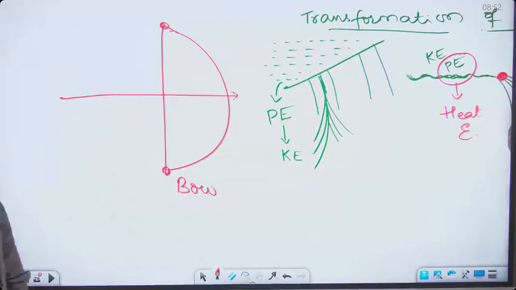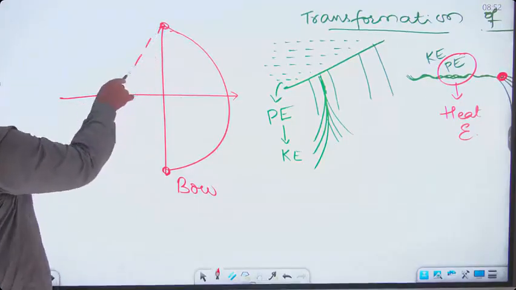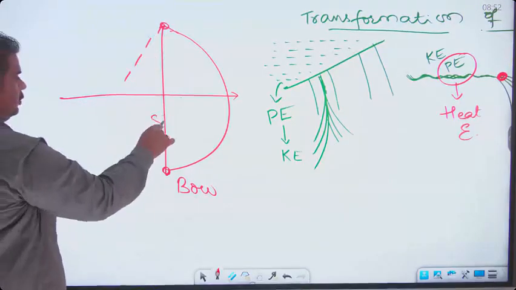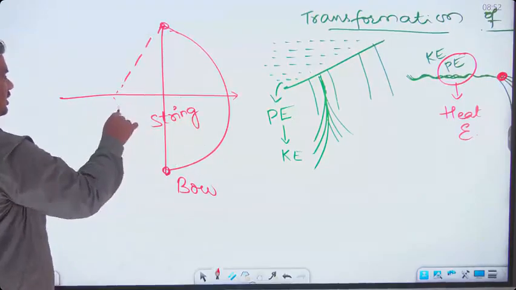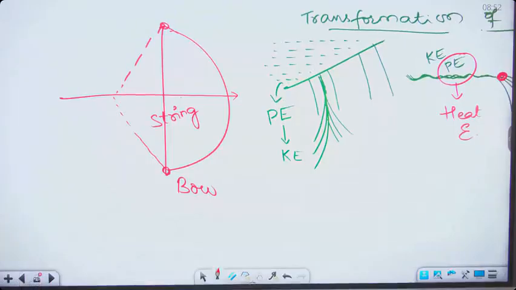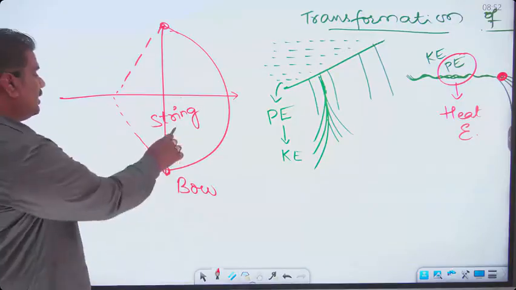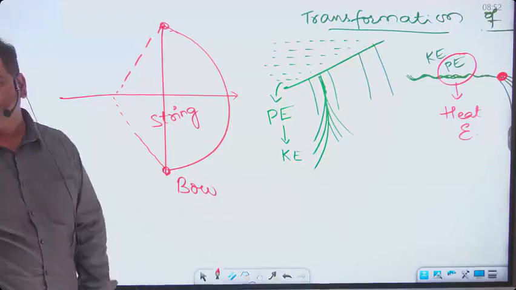So here in this particular case, if the arrow has to move forward, this particular thing which is known as the string has to be pulled backwards, and when you release the string, the arrow will start moving forward. Now the question is that the energy stored in the string of a bow, that is the previous question.